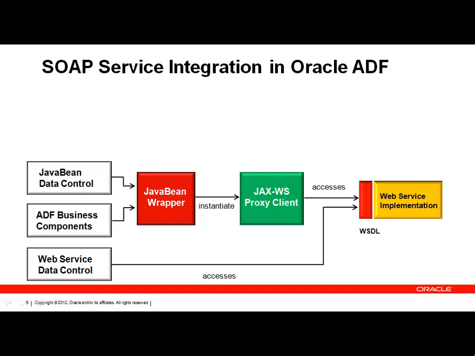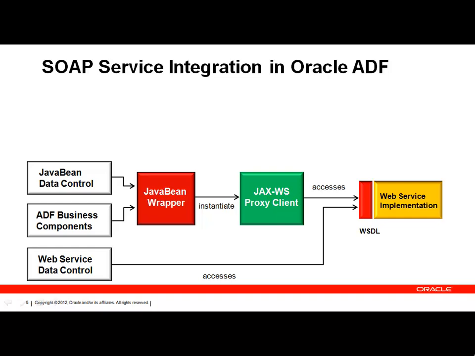So from the New Gallery you can go to the business services and then you find an entry for the web service data control, and at design time you point the web service data control wizard to the web service definition, which could be on a remote server or copied locally, and then it will create the data control so that at runtime the web service data control directly accesses the web service, queries the data, and makes it available in the Oracle ADF application.